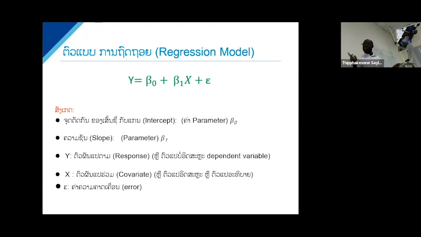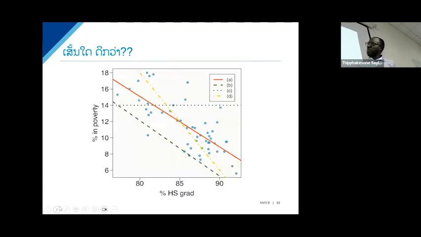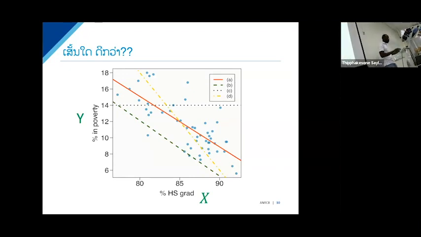All right. And so we see this example from yesterday, where we have percentage of high school graduate, we see poverty, and then he has his data here, right? And clearly we assume that there is a linear relationship between percentage of high school graduate and percentage of poverty, and maybe also the scatter plot supports that assumption.